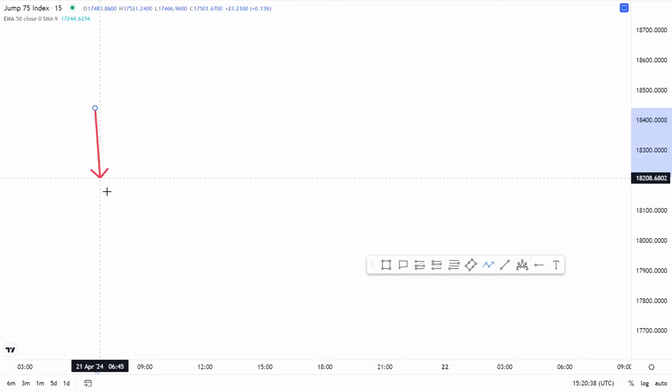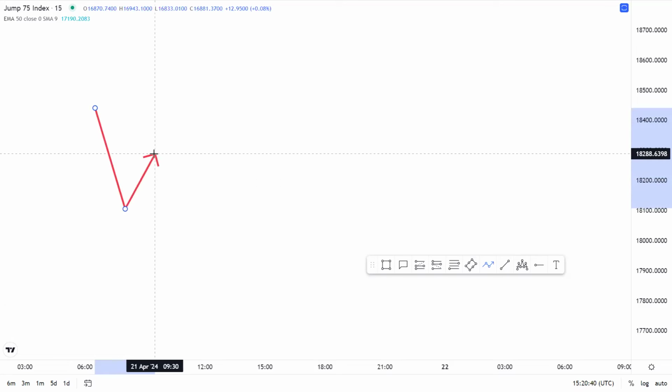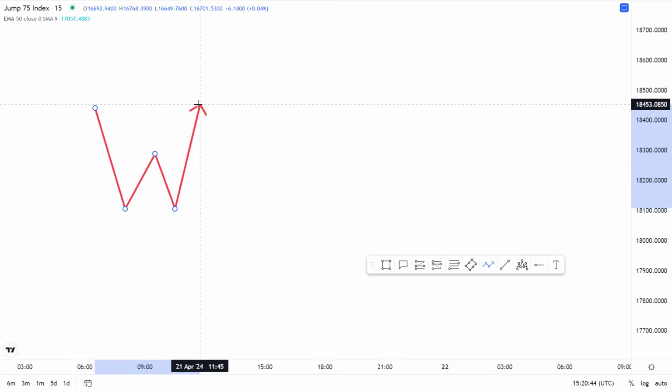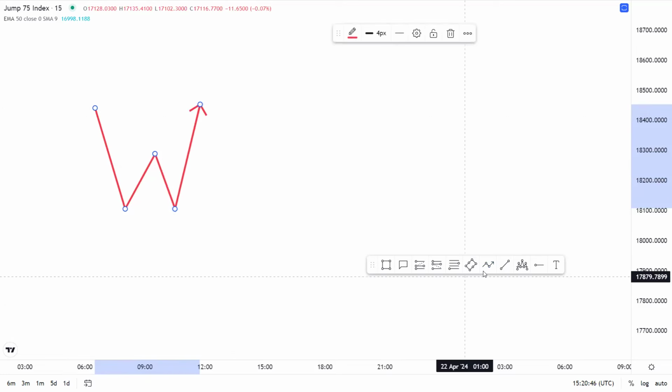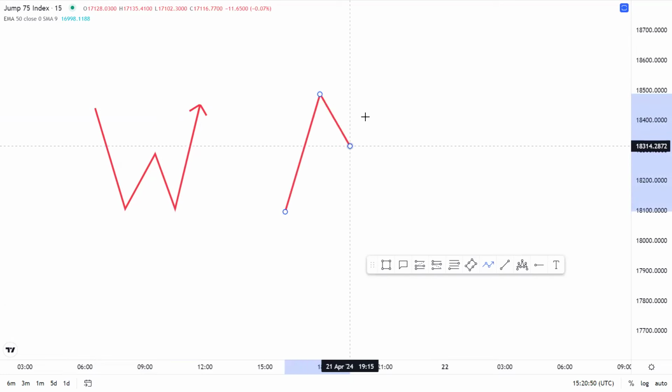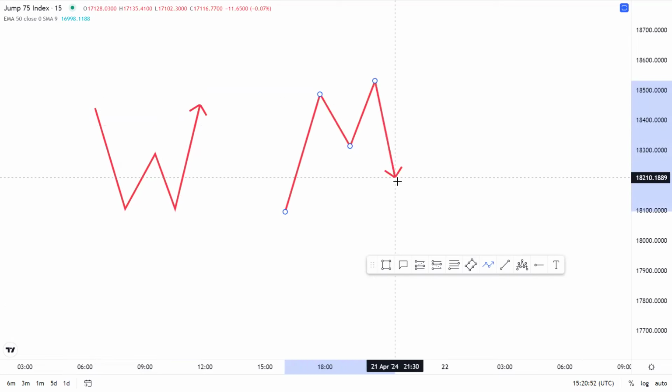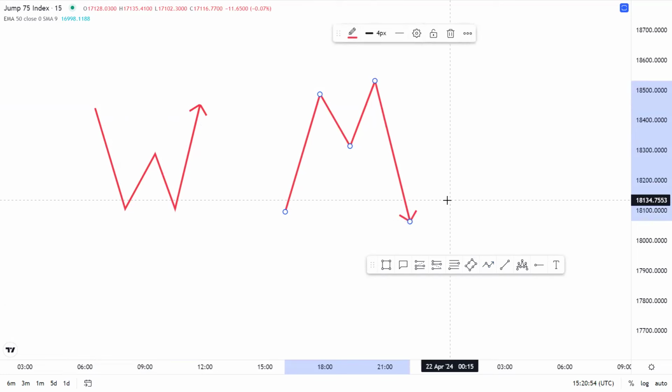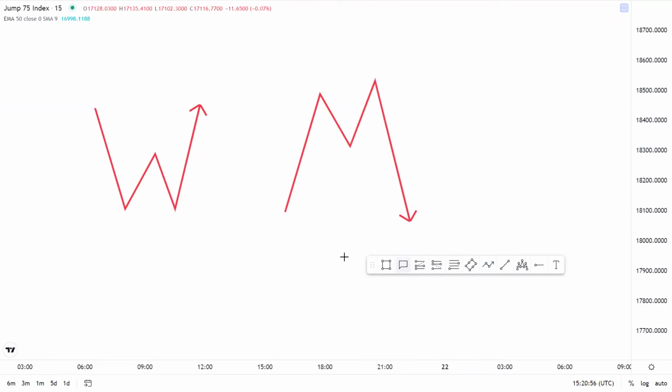Now, the double bottoms and double tops patterns should look like this. While we have this being the double top, also called the M pattern.